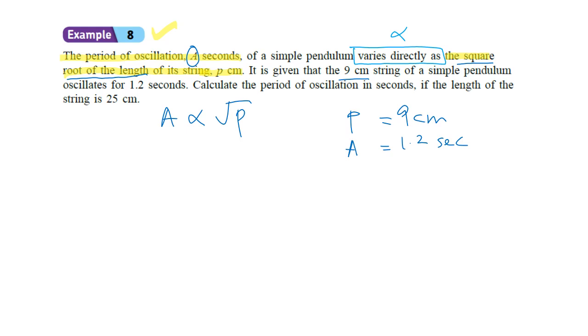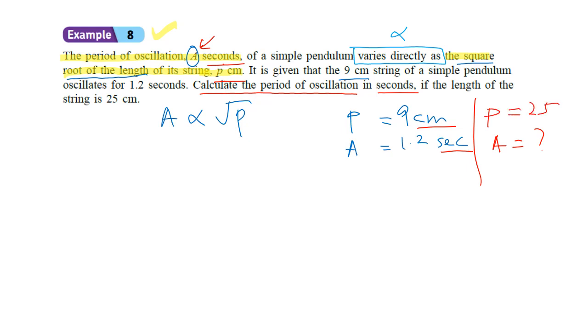If you get confused, you just look at the unit. cm is your P, and second is your A. The last question is, calculate the period of oscillation in seconds. That means your A, if the length of the string is 25, that means your P is 25.